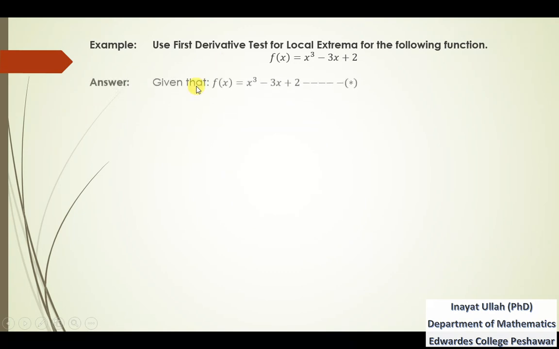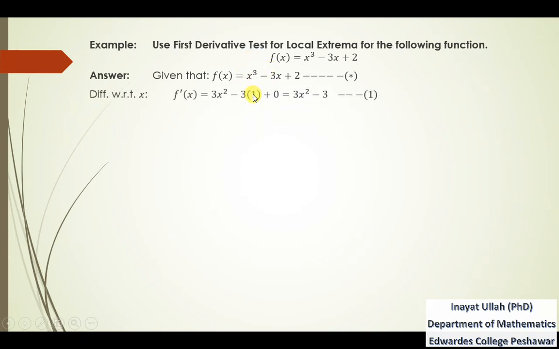So follow the steps. The function is given to us, that is f of x equals x cube minus 3x plus 2. Differentiate this function with respect to x.